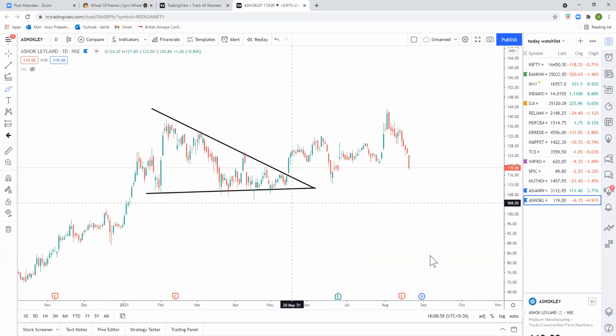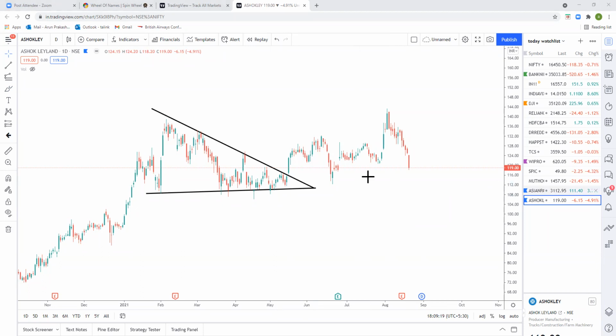Okay, sir. So price will go up after breaking the trend line. That thing is for sure. Yeah, bro. If you have a good understanding of price action, then you will have to trust it. Price should go up after breaking the trend line.